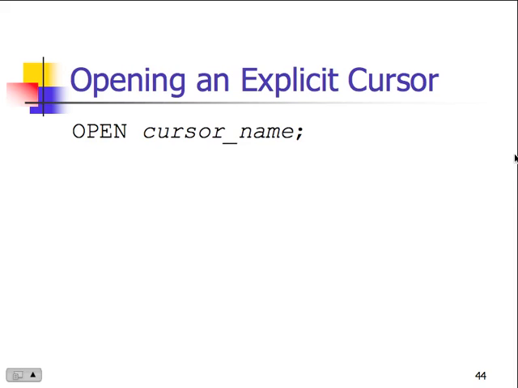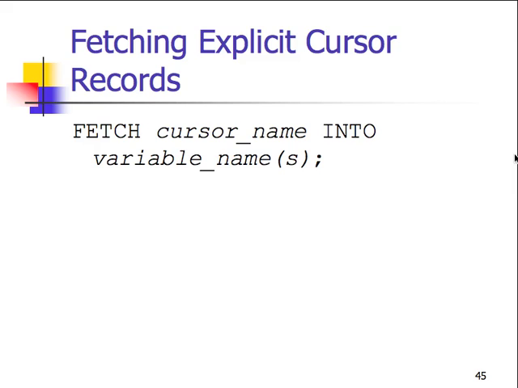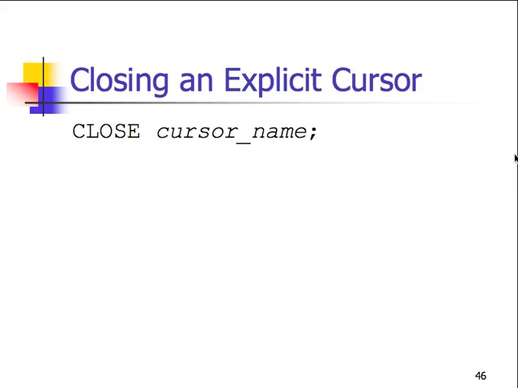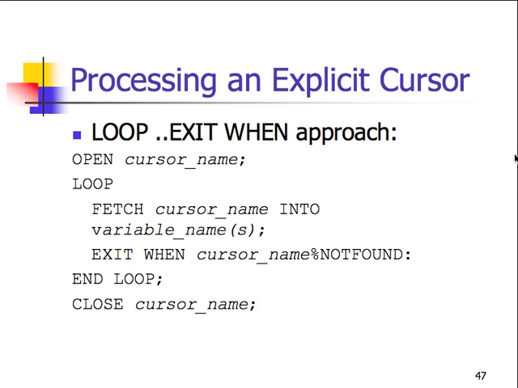So opening an explicit cursor, we can say open cursor name, and then we're fetching cursor results: fetch cursor name into variable names, and then close the cursor. So we say close this cursor, whatever we're calling it, cursor 1 or something. Hopefully we're giving it a more meaningful name. So processing an explicit cursor, we loop and exit.